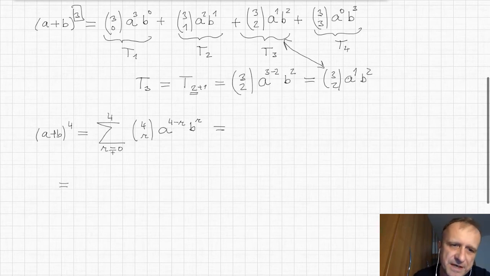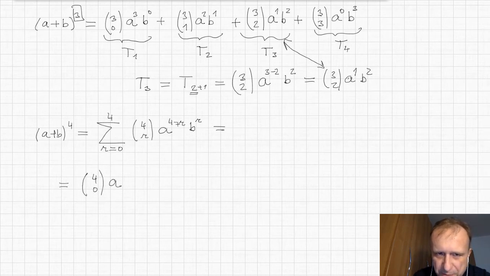Okay, so let me take r equals 0. I will write this term, but with r being equal to 0. So it's 4 choose 0, times a to the power of 4 minus 0, which is 4, times b to the power of 0, and plus. Now take the following value of r, number 1.